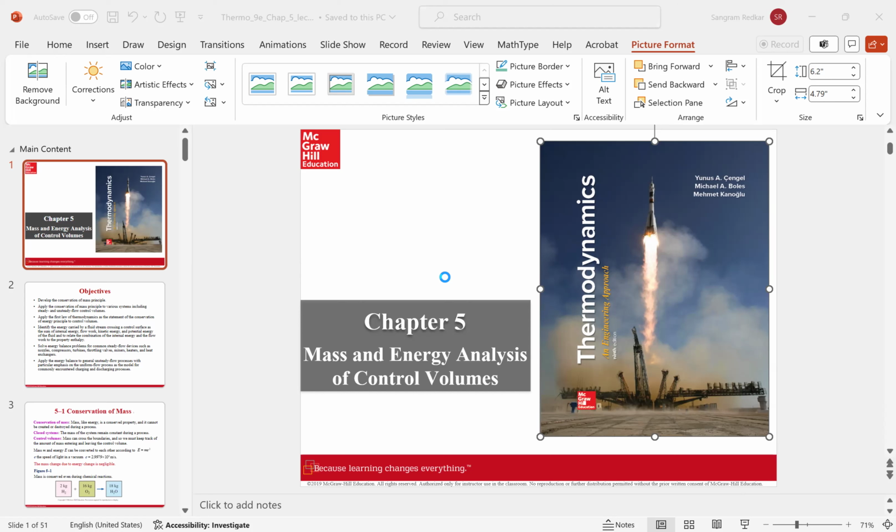This equation can also be written as H, which is the enthalpy, plus kinetic energy plus potential energy.